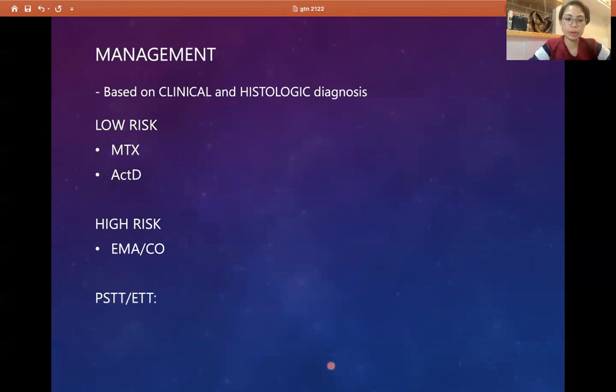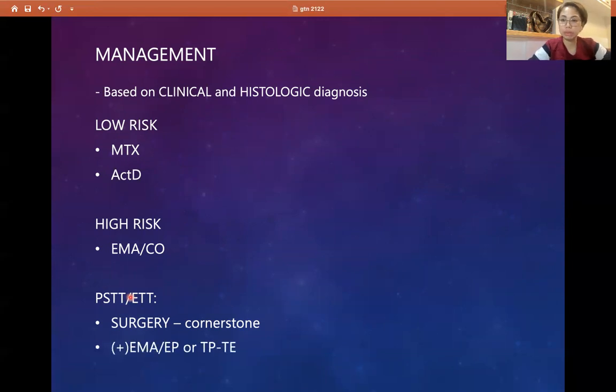While for PSTT or ETT, since these entities are relatively chemoresistant, then we do surgery. Surgery is the cornerstone for treatment. Again, at a third year level, at least be familiar with chemotherapeutic drugs. And if you would like to read further, we have doses for this in the book.